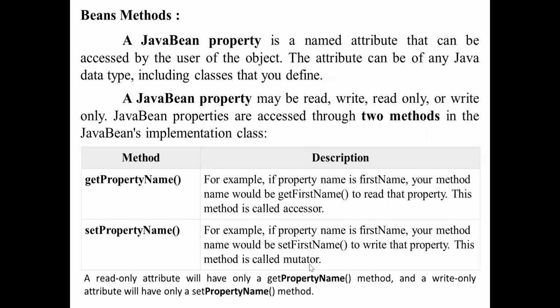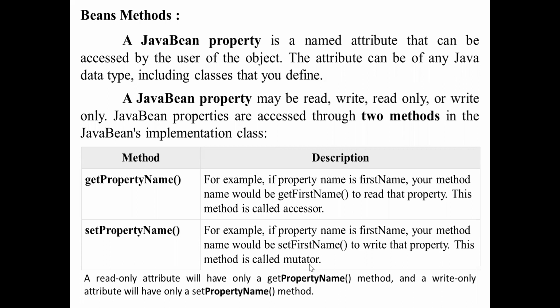This Java bean property can be read, or write, or read only or write only. The Java bean properties are accessed through two methods in the Java bean implementation class.